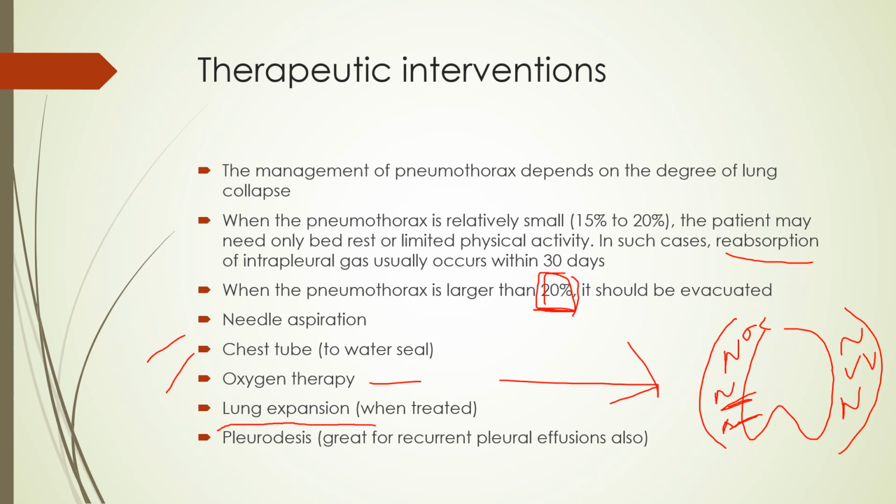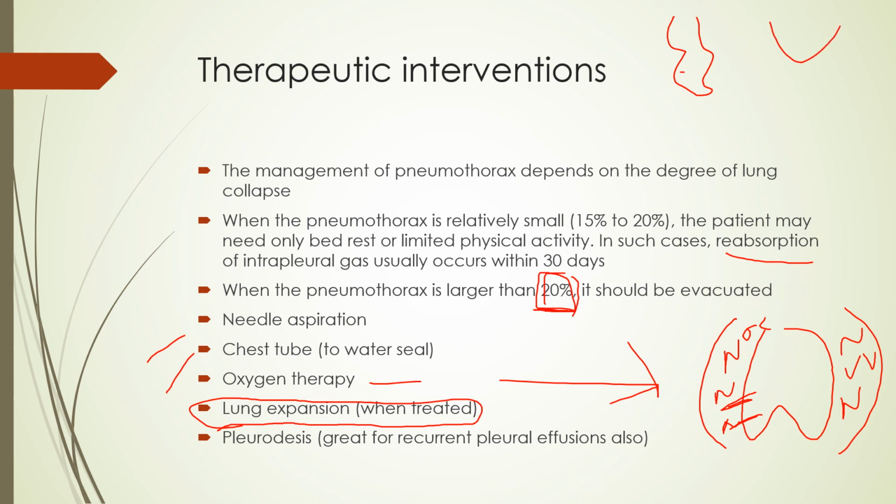Lung expansion when it's treated, hyperinflation therapy. The key part of that sentence is when it's treated, like after it's treated. Lung expansion therapy, because remember, we have a lot of residual atelectasis left over after the pneumothorax has been resolved, right? We need to reopen that lung tissue.